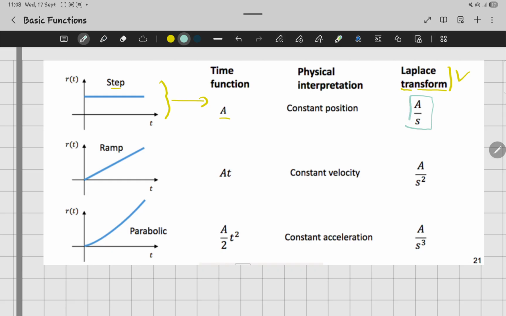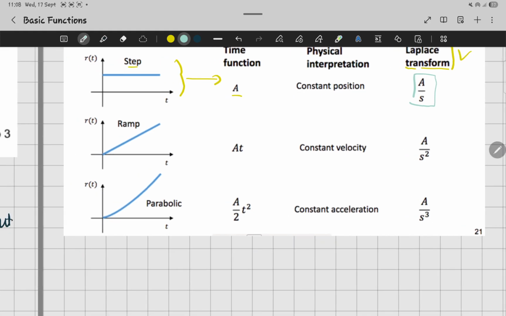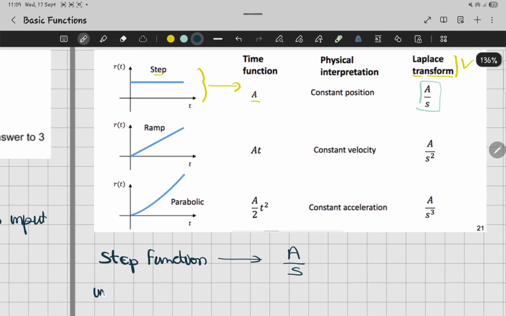This is what we get when we have a step function. Now what is a unit step input? Let me say unit step function to keep it the same.